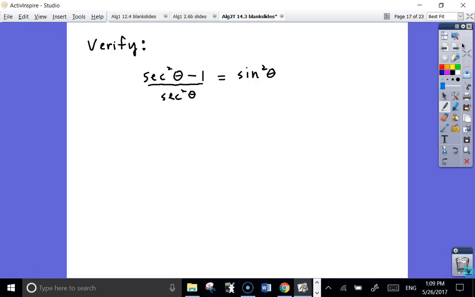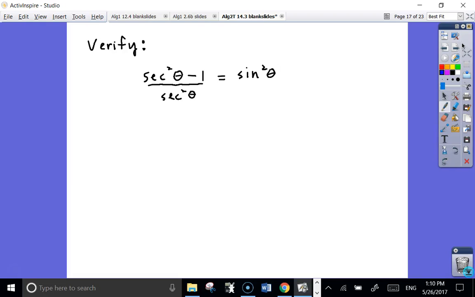Now, usually what they say is that you should start on the most complicated side first. And that would be, in this case, definitely the left-hand side. Okay, let's see. Secant squared theta minus 1. What should that remind you of?